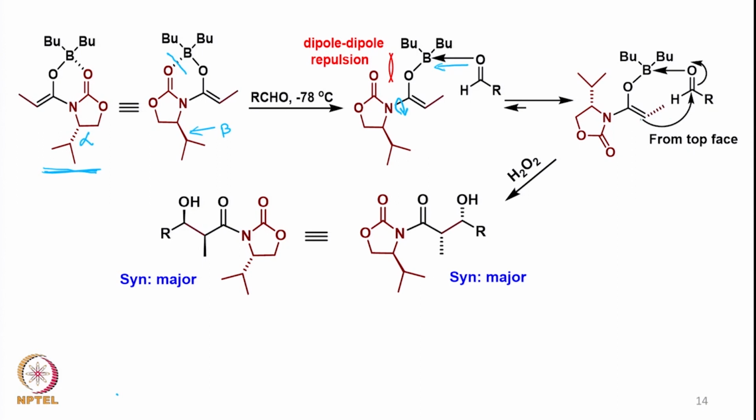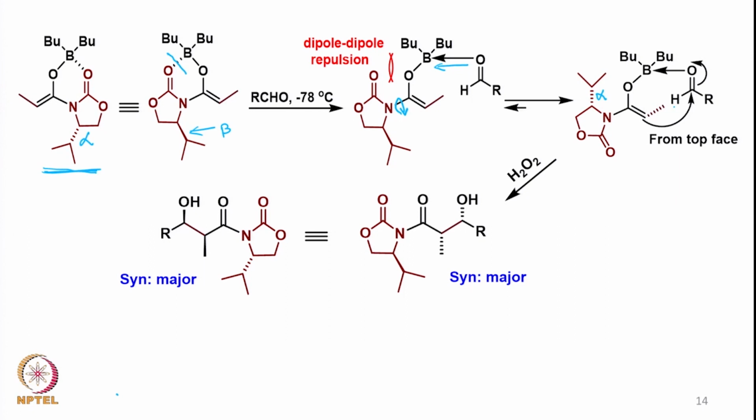In this situation, since this is alpha oriented, the attack occurs from the beta face, from the top face, and the boron enolate reacts with the aldehyde with the concomitant chelation, and the C-C bond formation takes place from the beta face.